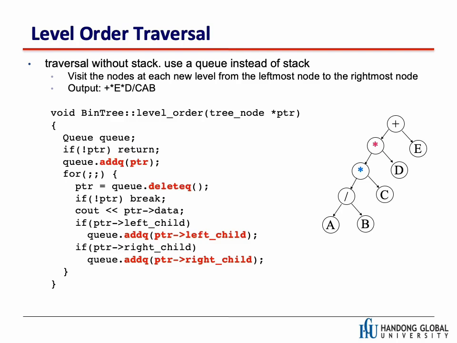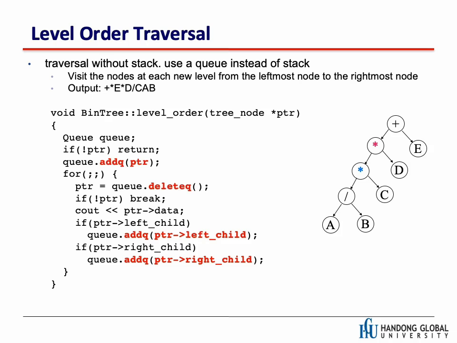So far we talked about 3 different orders for traversal. Now we have another kind of traversal, which is level order traversal. Basically we visit the nodes at each new level from the leftmost node to the rightmost node.